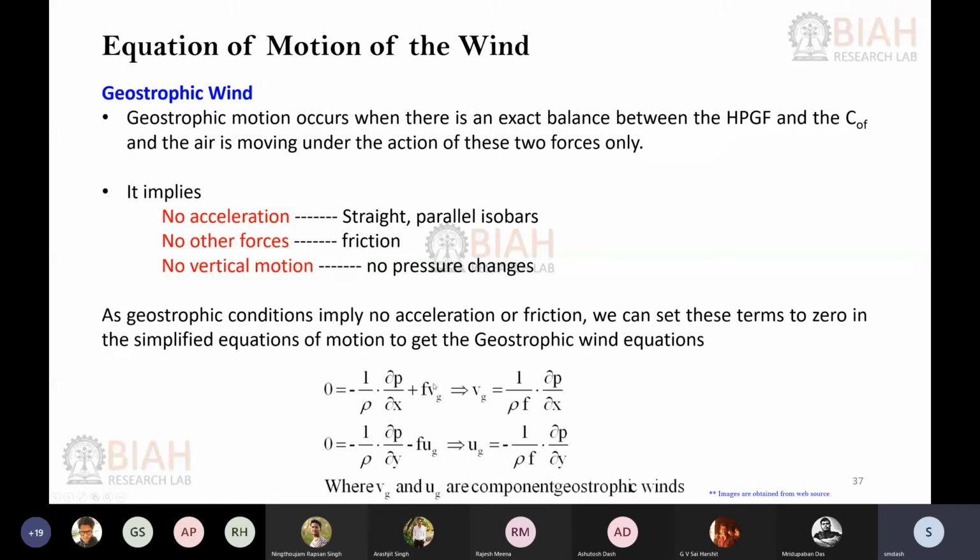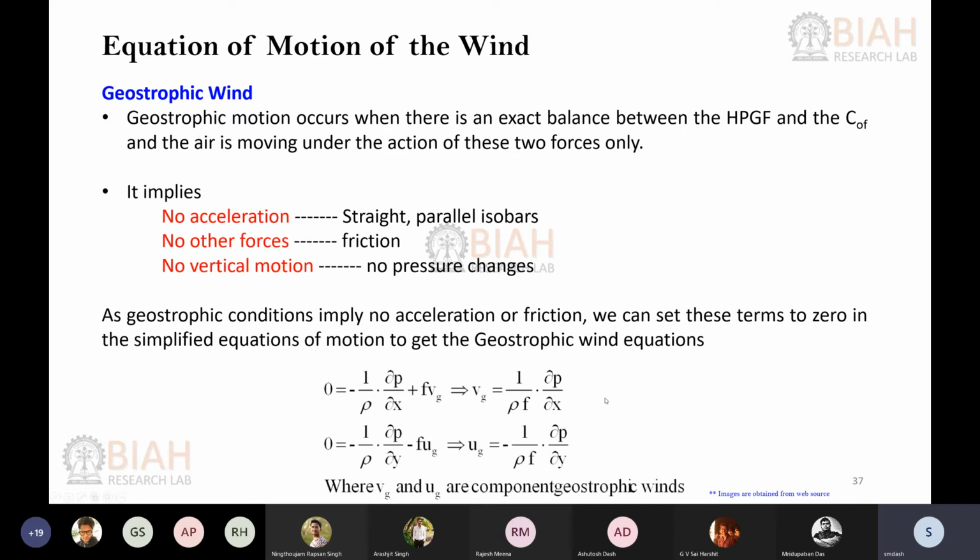From this, you need to substitute your velocity components as Vg. Vg represents the geostrophic component of the velocity along the y direction, and ug is your geostrophic velocity component along the u direction. These are the geostrophic wind velocity values, where we just consider the pressure gradient force and the Coriolis force.